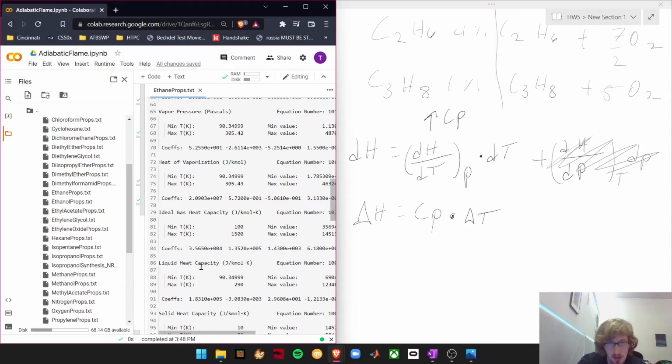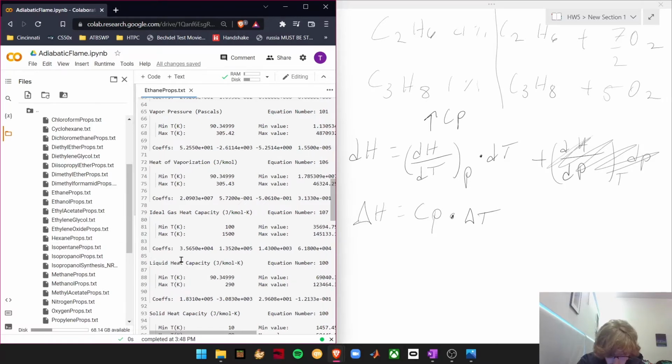You can't see them all, but you can see 4 of them. These correspond to A, B, C, D, and then over here, E, in an equation we're going to take a look at in a second. Basically, you use this equation to determine the heat capacity as the temperature is changing.